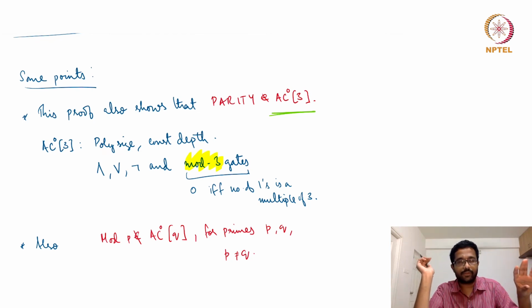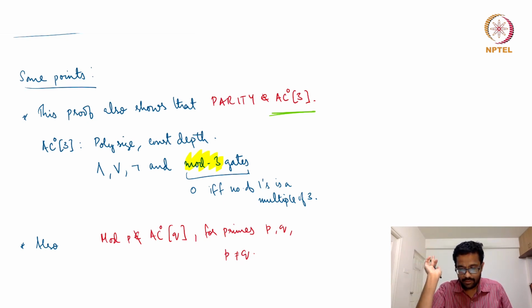What parity was for 2, mod 3 is for 3. And you can say mod 5 or any number. So this proof can also be used to show that parity is not in AC0[3]. Even if you allow the circuit to have mod 3 gates, still parity is not computable. Why is this?